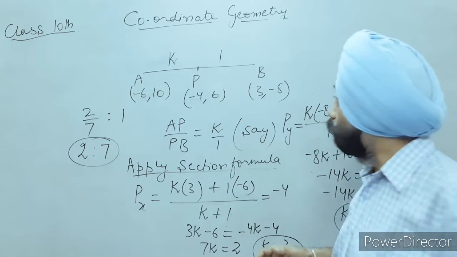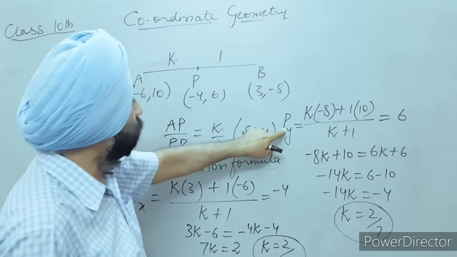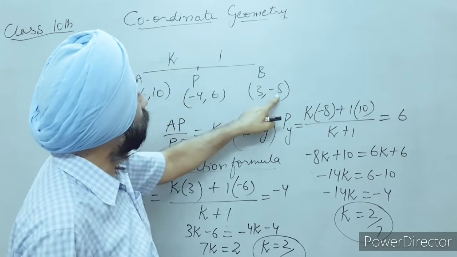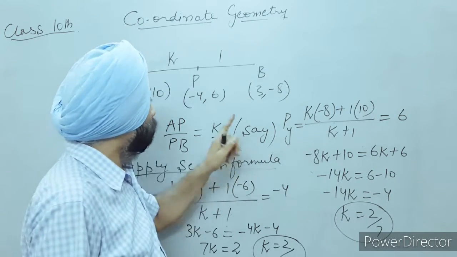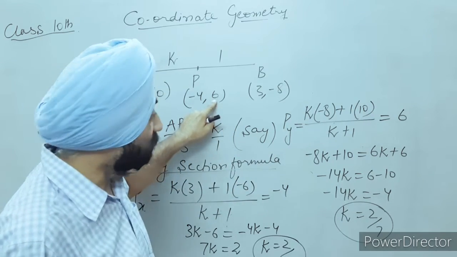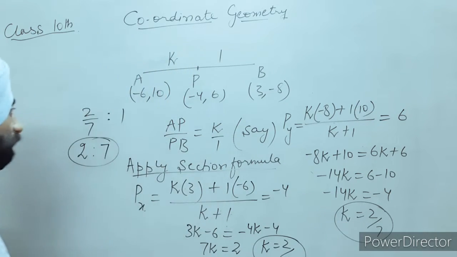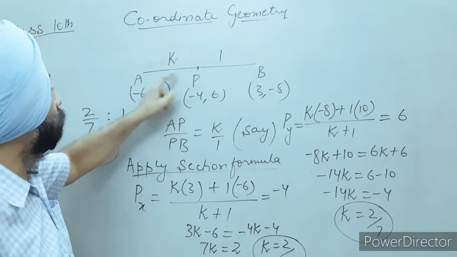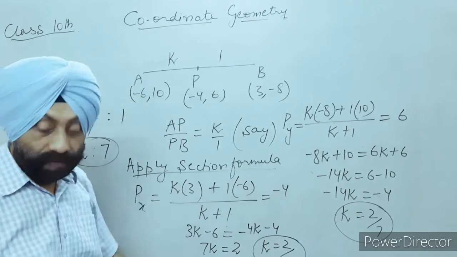Even with the ordinate of point P, P of y equals (k into -8 plus 1 into 10) divided by (k plus 1), equated to 6, I get k equals 2 by 7, which means the point P divides the join of AB in the ratio 2:7.